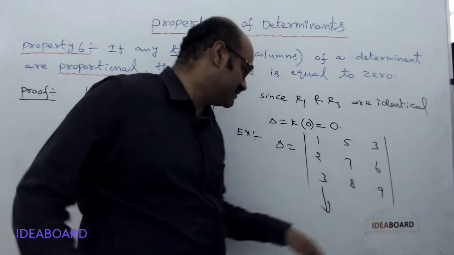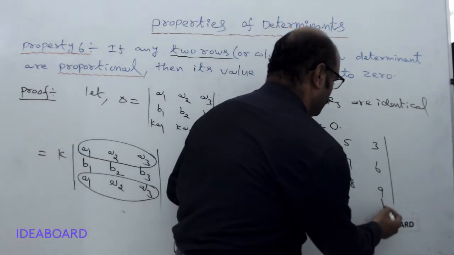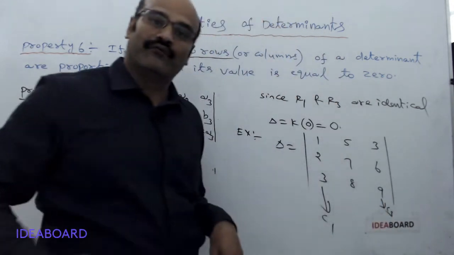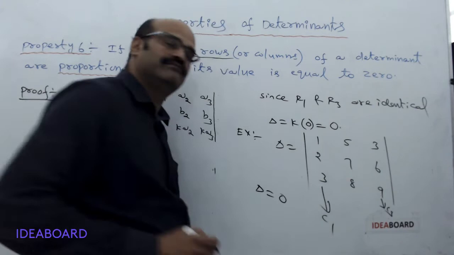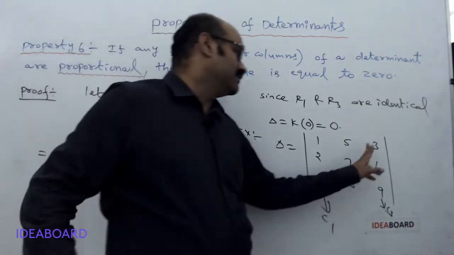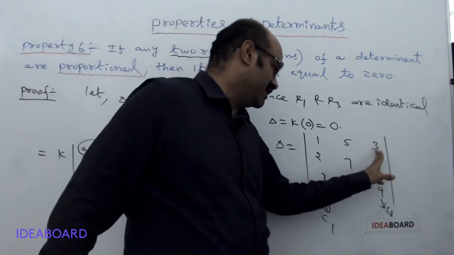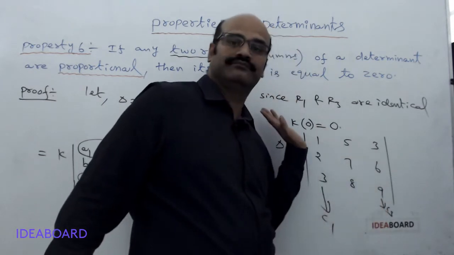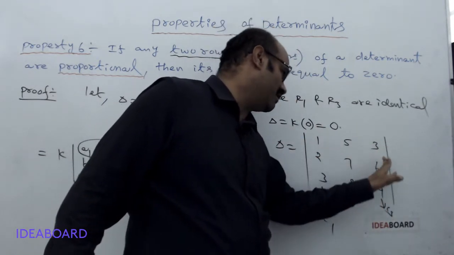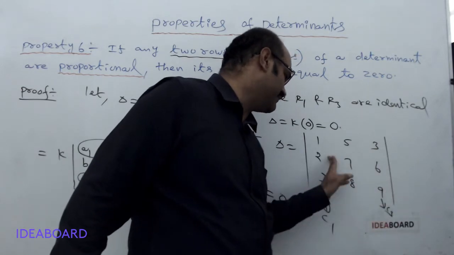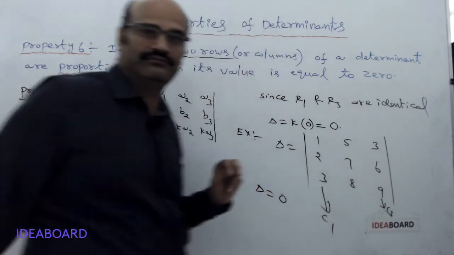Since C1 and C3 are proportional, we say that the value of this one equal to 0. Otherwise, take 3 outside from C3. Then C1 and C3 are identical, so its value will be equal to 0.